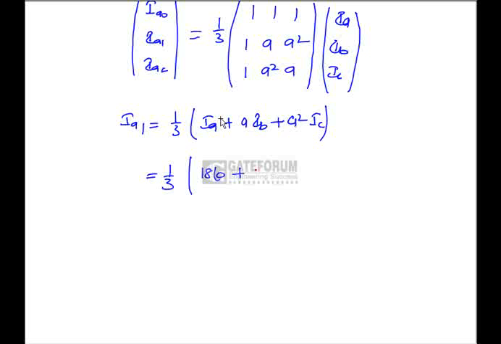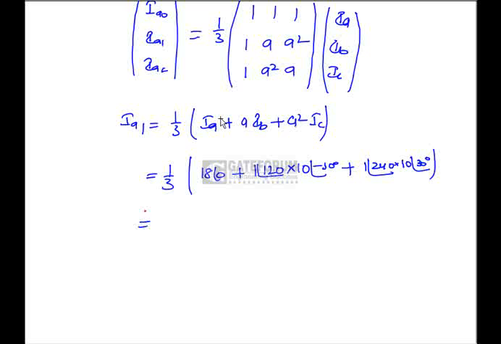A is an operator which is equal to 1 at an angle 120, and IB he has given as 10 at an angle minus 30 degrees. A square is 1 at an angle 240, or you can write it as 1 at an angle minus 120, into IC, that is 10 at an angle 30 degrees.